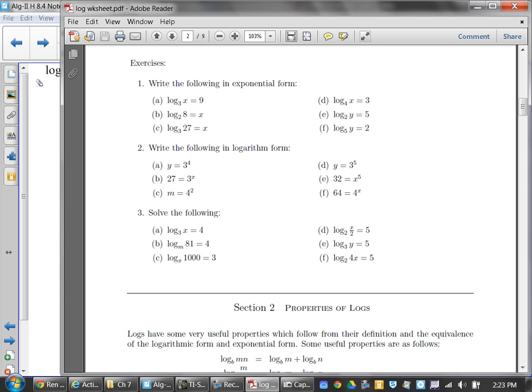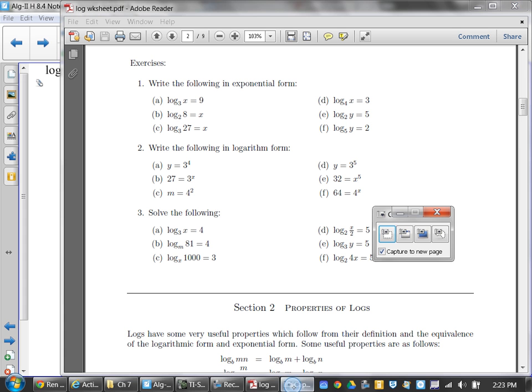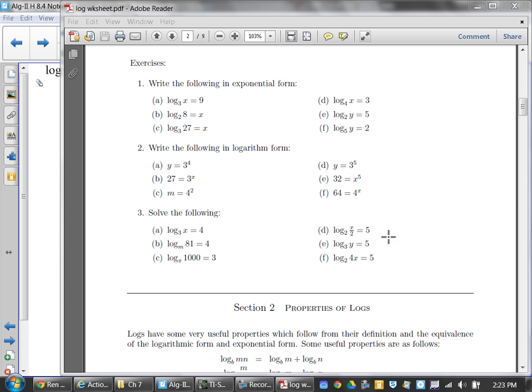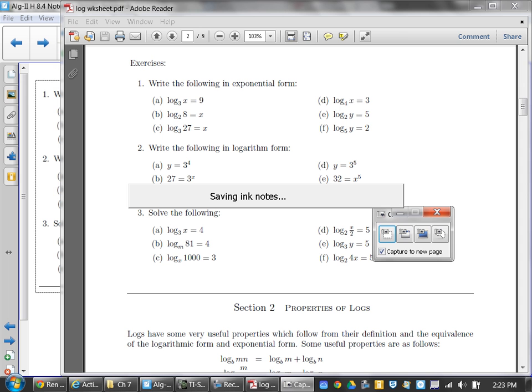You're going from exponential to logarithmic, and the last ones you're trying to solve on your own. Don't use your calculator. All you're doing is just rewriting it. So take a couple of minutes, and let's try it. You're not solving. The only part you're solving is that last one, because it says solve. The other one says rewrite.